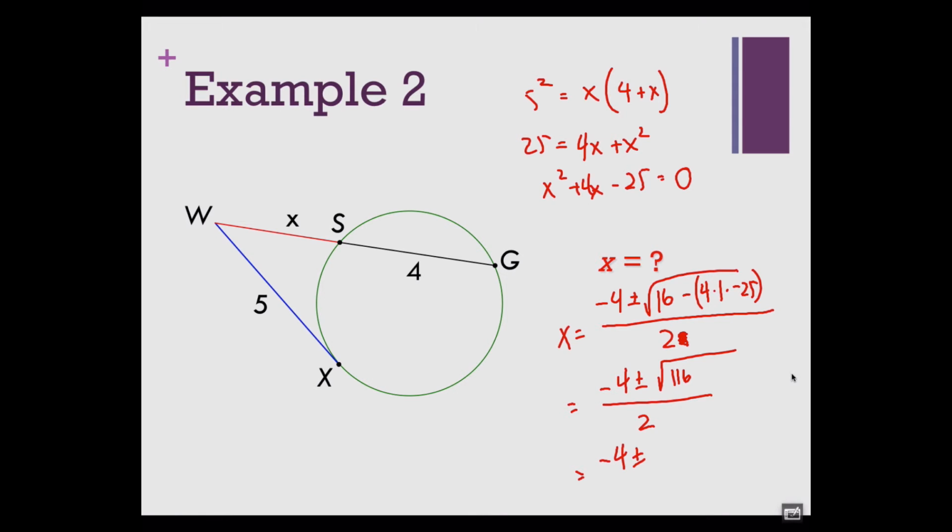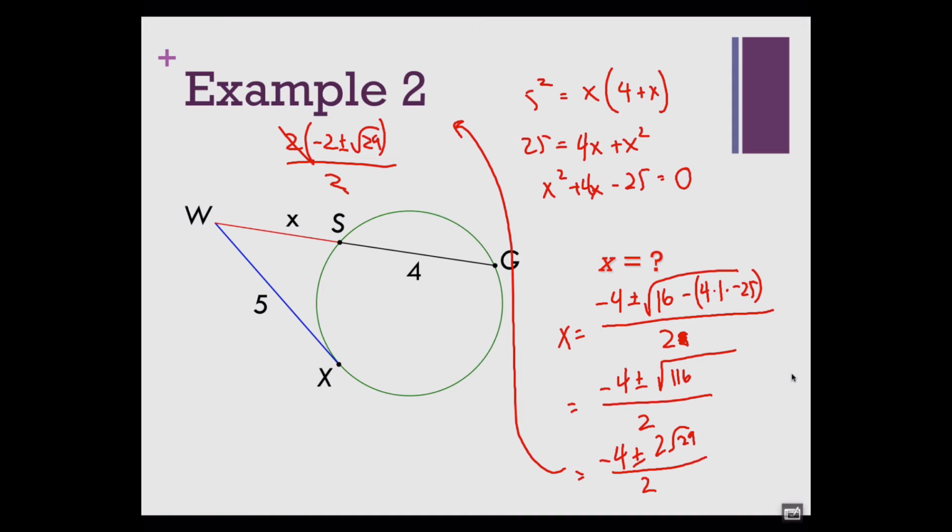Okay, 2 square roots of 29 over 2. Running out of room, let's bring this up over here. So then I get 2 times negative 2 plus or minus the square root of 29. Negative 2 plus or minus the square root of 29.